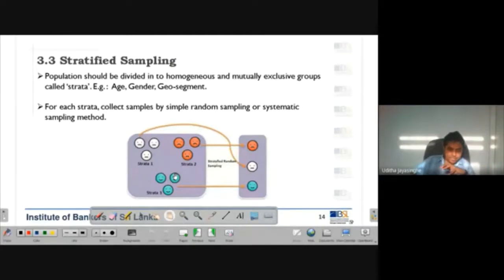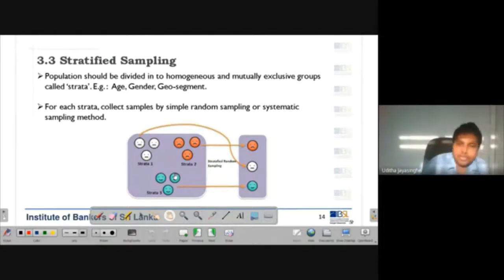But in stratified sampling, the elements in the final sample will be coming from these strata or groups based on another probabilistic methodology like simple random or systematic sampling. So for instance, inside the red group, how does this one person come? It is by practicing simple random sampling inside this red group.